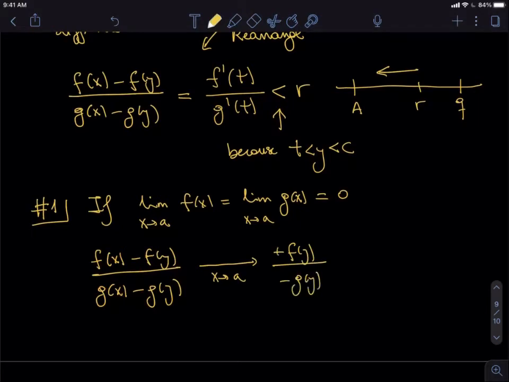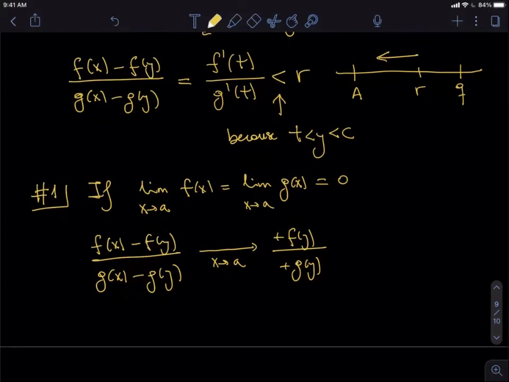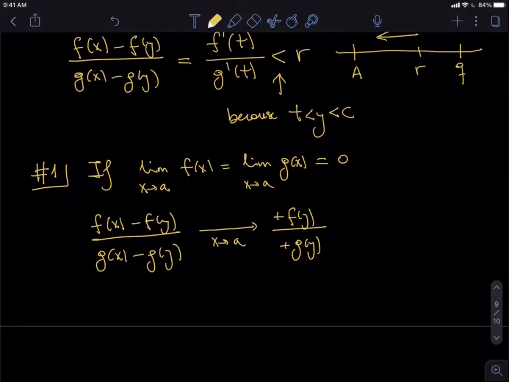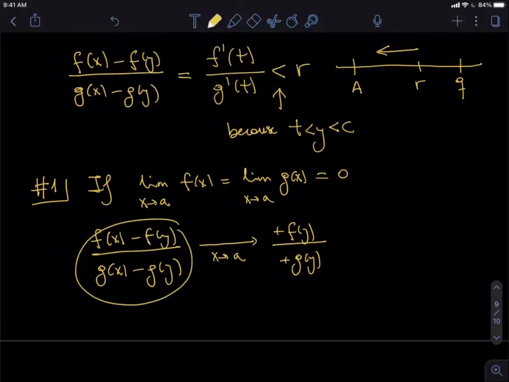Okay, but we might as well write it with a plus. Therefore, because f(x) minus f(y) divided by g(x) minus g(y) is strictly less than r, then f(y) divided by g(y) is less or equal than r.